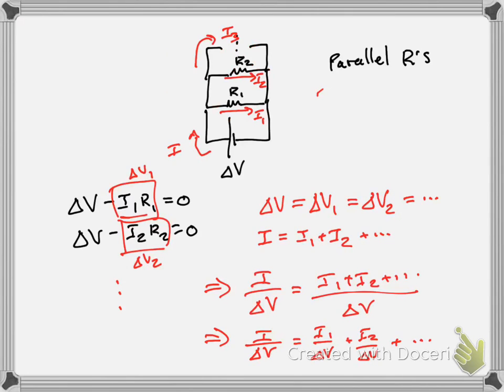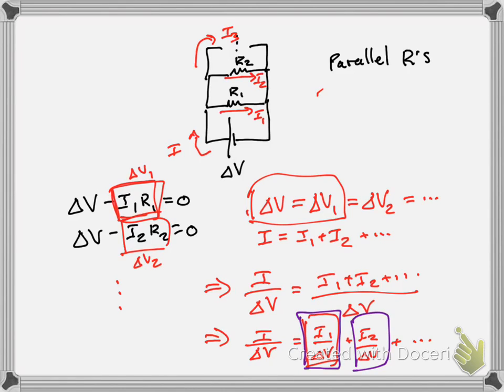Therefore, I over delta V is equal to, let me go back and point out that I1 over delta V is just, hmm, I1 R1 is delta V1, which is delta V, right? So the quantity, let me do a different color box. The quantity in the purple box is not R1, but 1 over R1.